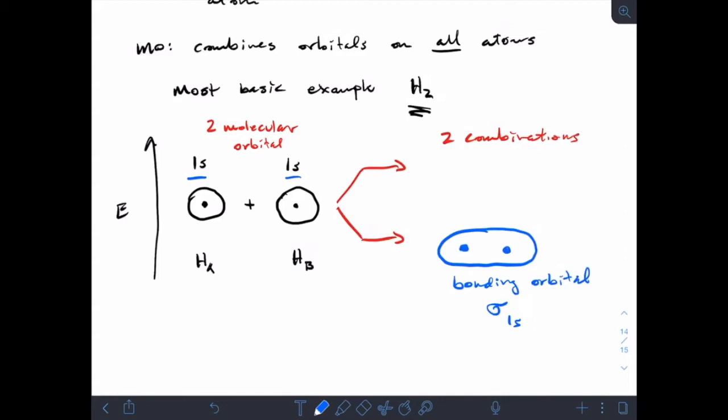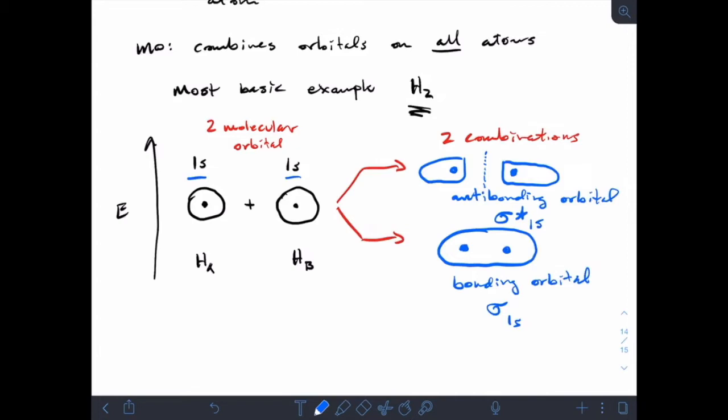The other possibility is that they push each other away. So what we'll have is a node, and we'll have our lobes on the other sides, and they'll shove each other away instead of combining. Okay, and we refer to this one as an antibonding orbital. And we'll give this a sigma star 1s.